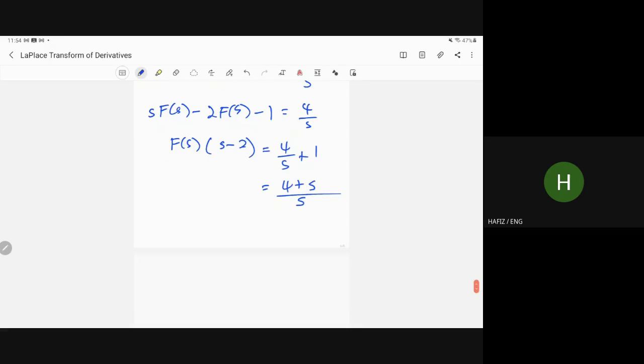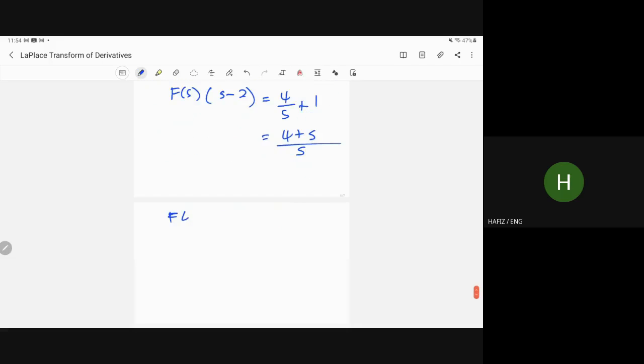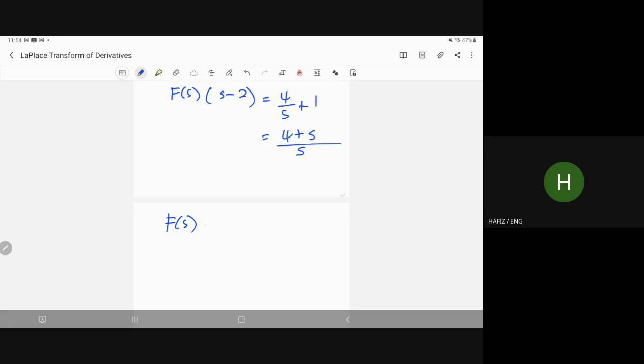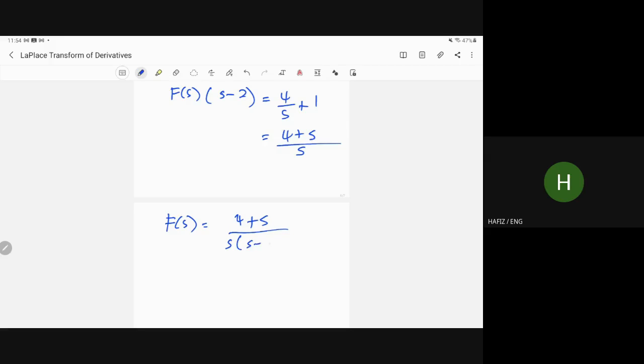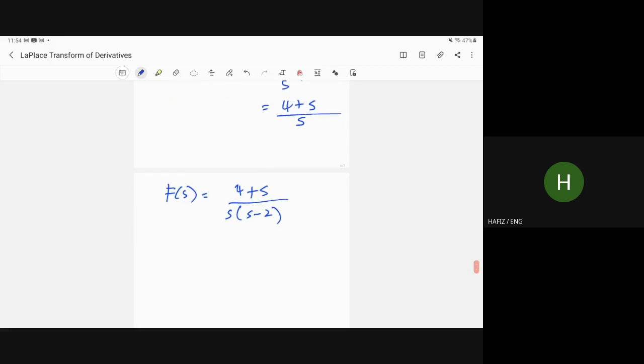That means you have your F(s) equals to (4 plus s) over s(s minus 2). Okay. So from here, like in the previous week, we see that we need to use partial fractions. Otherwise, we cannot do the inverse Laplace.